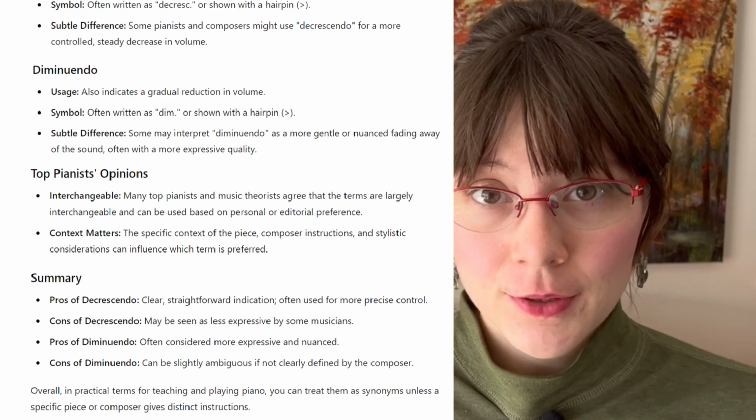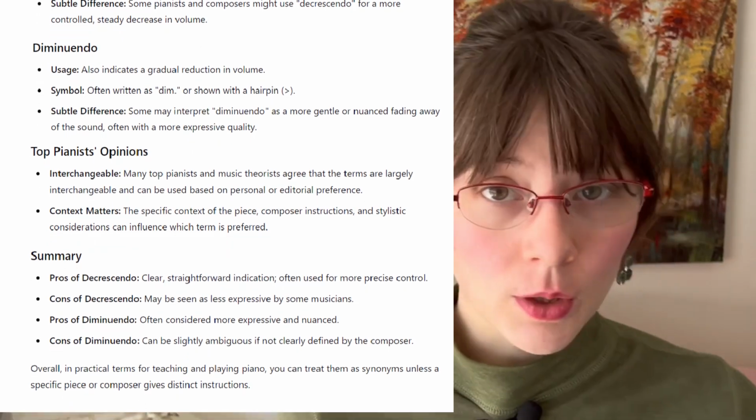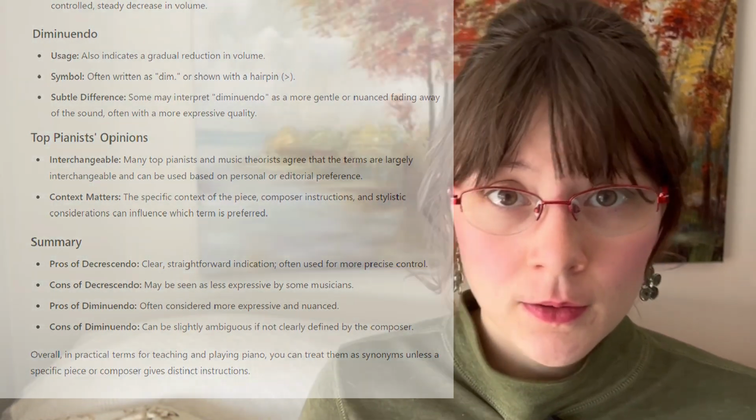To figure out what the artist means by decrescendo or diminuendo, take into account the era that the music was written, who the artist is, what other symbols are being used in the music to denote the dynamics, and consider the style of the song itself. ChatGPT concluded that overall, you can treat decrescendos and diminuendos the same unless the composer gives distinct instructions.